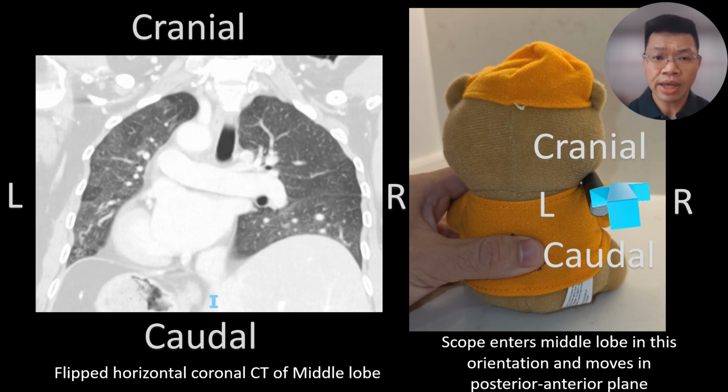The blue arrow again shows our bronchoscope moving in the posterior to anterior plane. And you can see now that this demonstrates that our orientation of the bronchoscopic view is exactly the same as our coronal CT image, which we flipped horizontally.